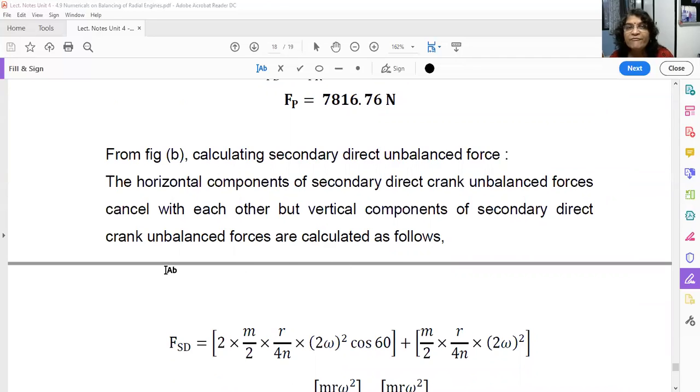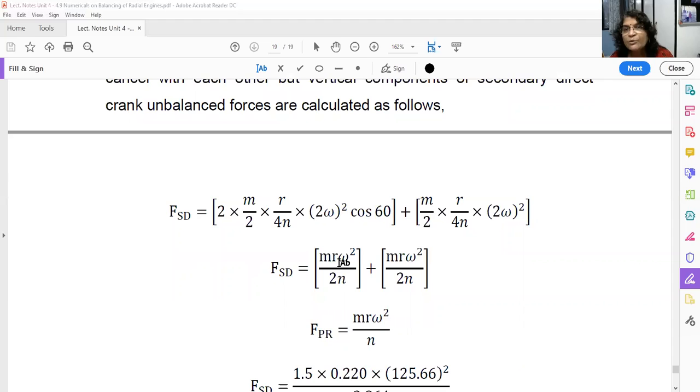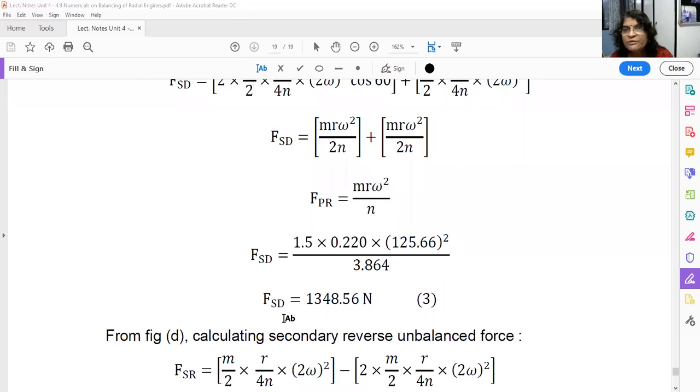So FSD is equal to, now there are two components, so 2 into m by 2 into r upon 4n into 2 omega bracket square into cos 60 plus that cylinder number 1, its vertical component, acting in vertical direction only, so it will be m by 2 r upon 4n into 2 omega square. So this is m r omega square upon 2n, this is m r omega square upon 2n, so it will become m r omega square upon n. Putting the value, we get secondary direct unbalanced force 1348.56 Newton.